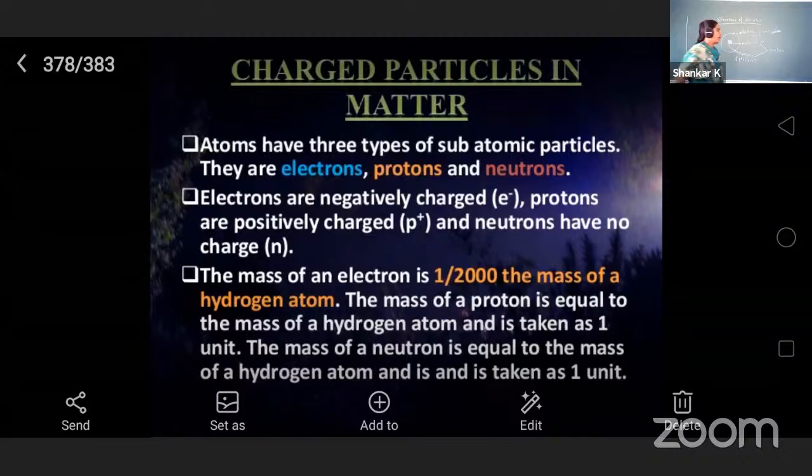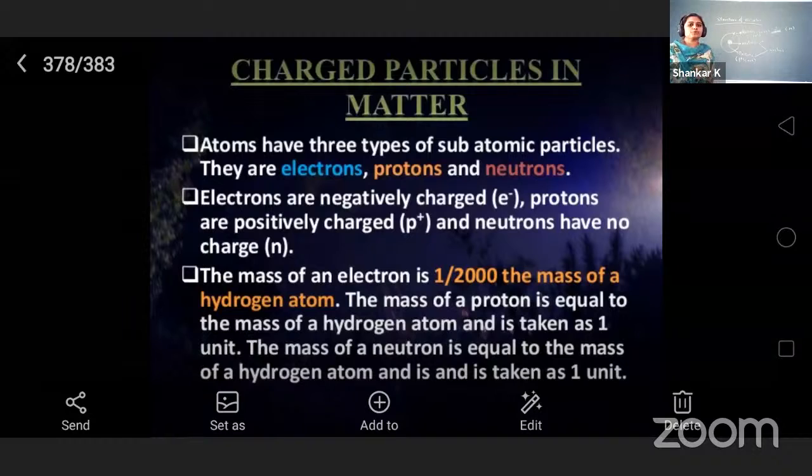You know the hydrogen atom. What about the molar mass? We have discussed the molar mass, right? And the atomic number of all elements, right, students?